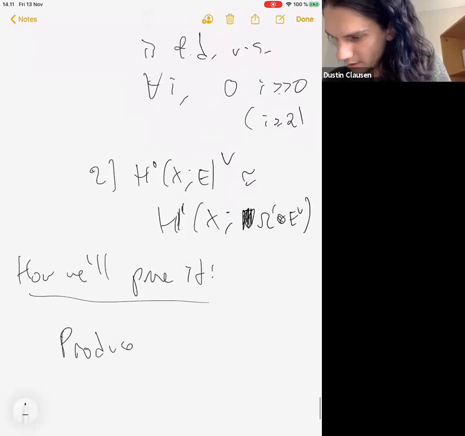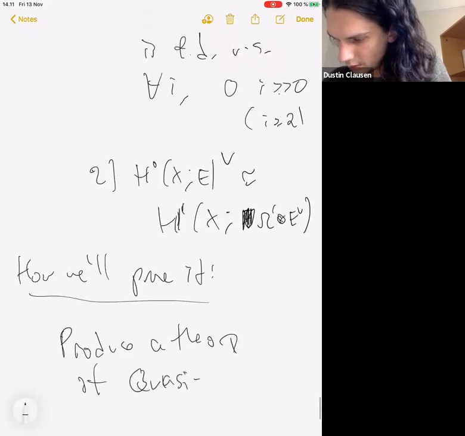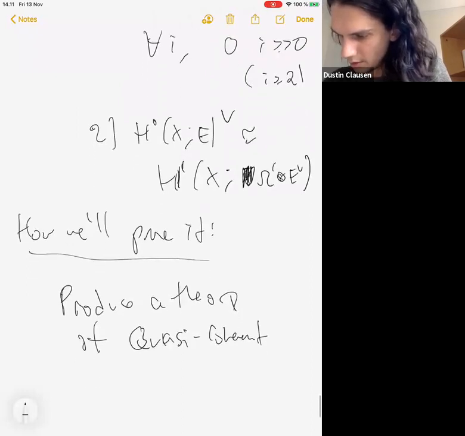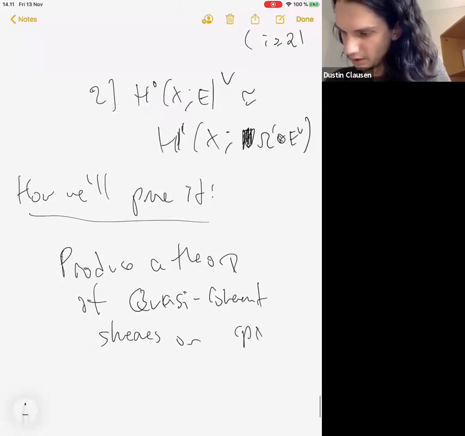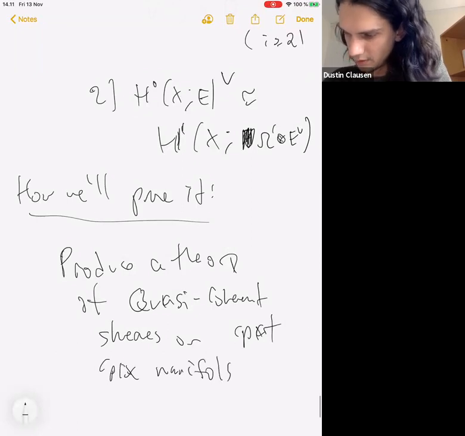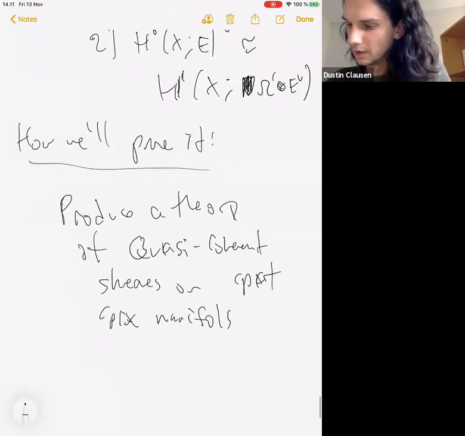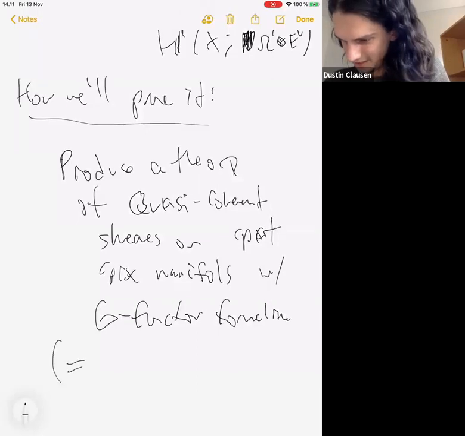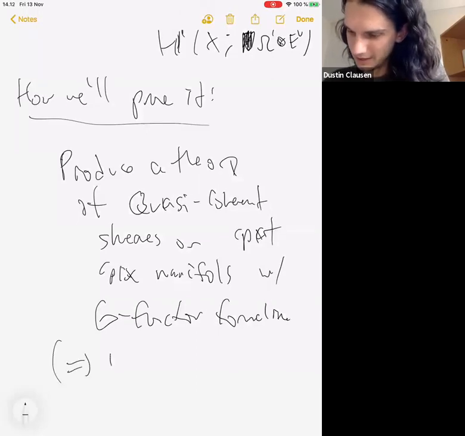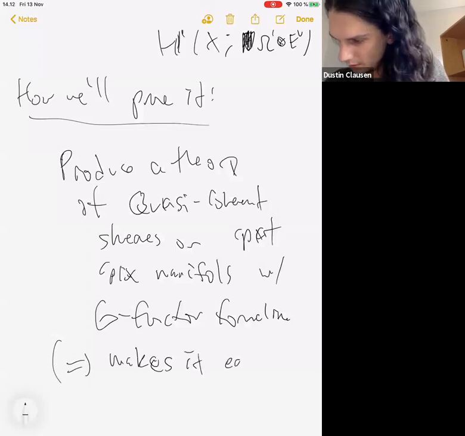We'll produce a theory of quasi-coherent sheaves on the Riemann surface, or a compact complex manifold, equipped with a 6-functor formalism, which basically makes it easy to prove duality statements locally.